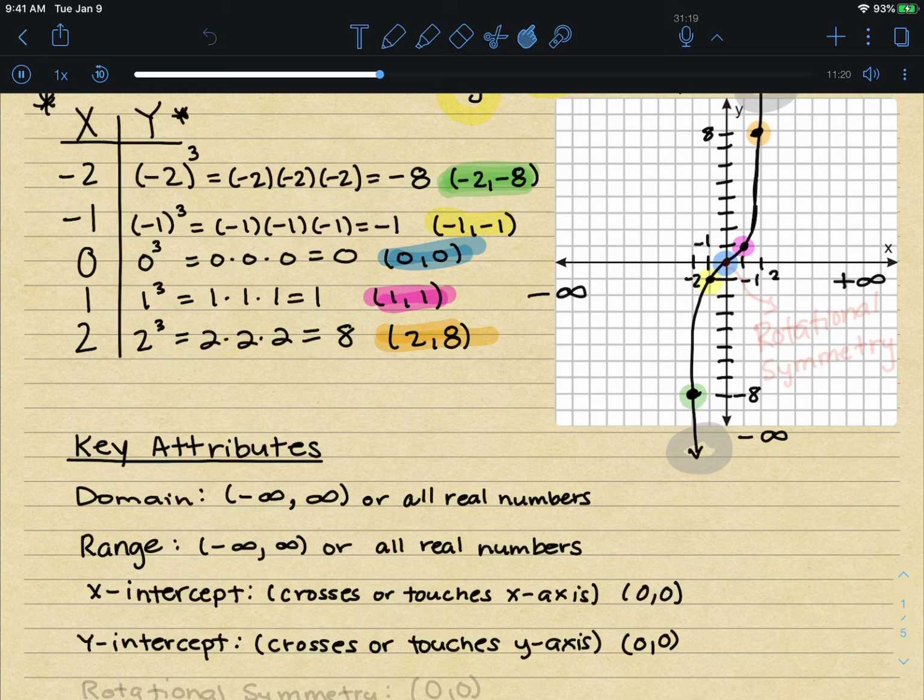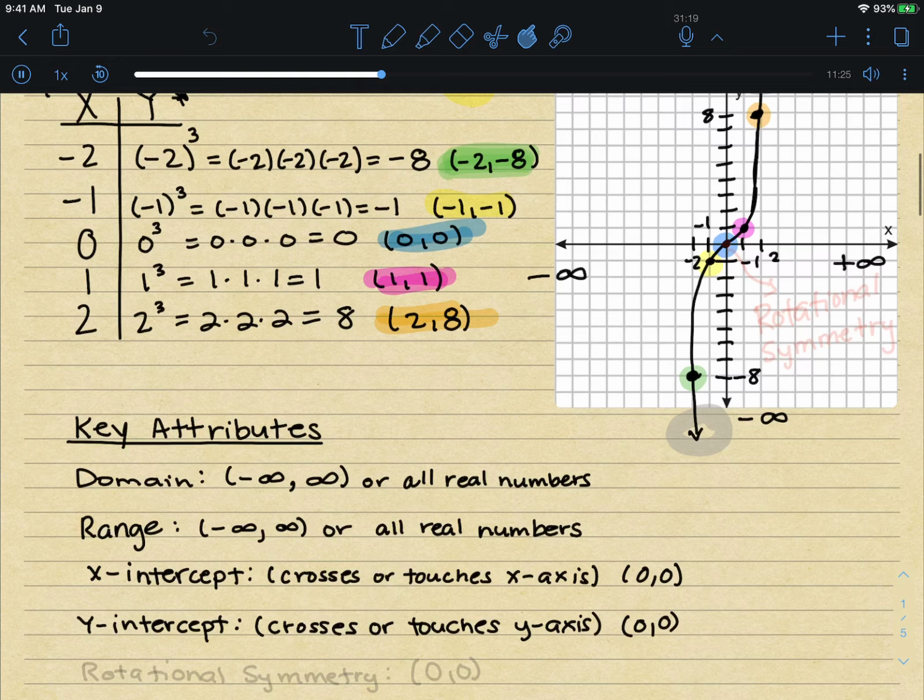Now, the last and final thing that we're going to talk about is something called a rotational symmetry. Okay, now what is a rotational symmetry? Okay, rotational symmetry is a shape.